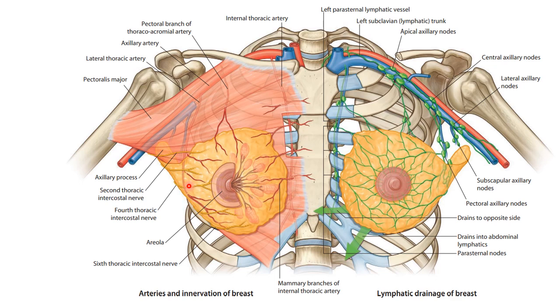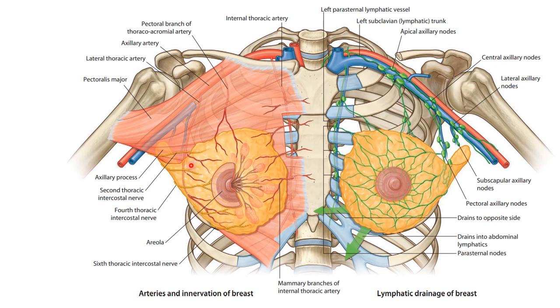Other arteries come from the posterior intercostal arteries of the second to fourth intercostal spaces, from the posterior aspect. Branches also pierce the intercostal spaces, overlying the lateral border of the pectoralis major muscle, to reach the lateral aspect of the breast.